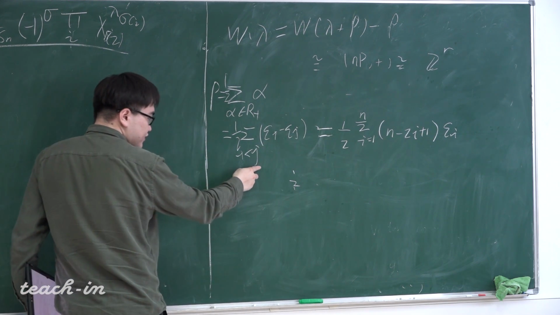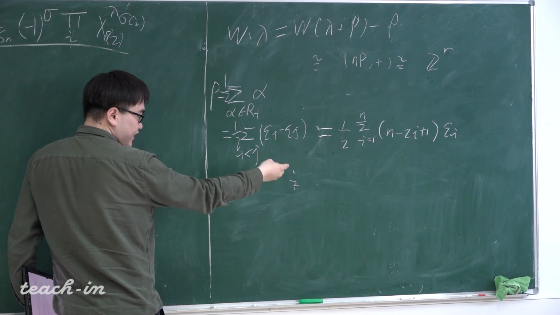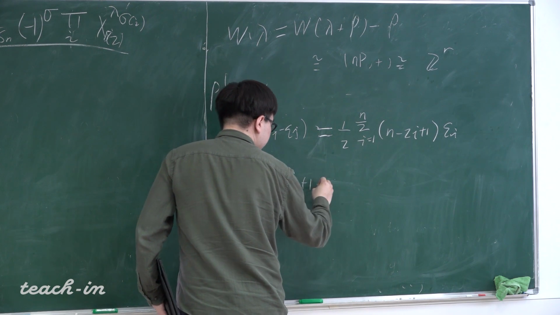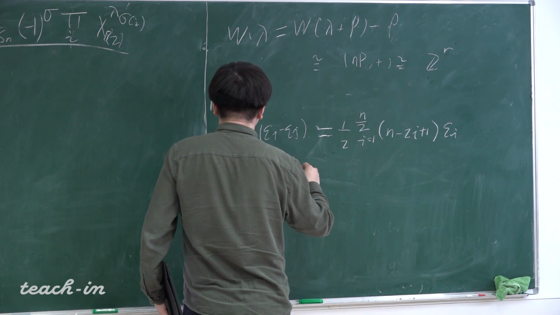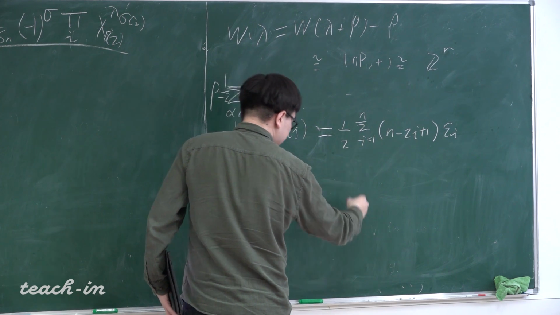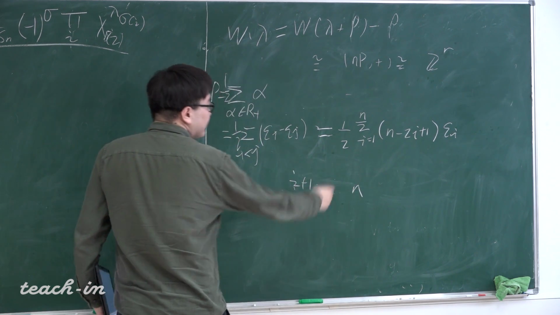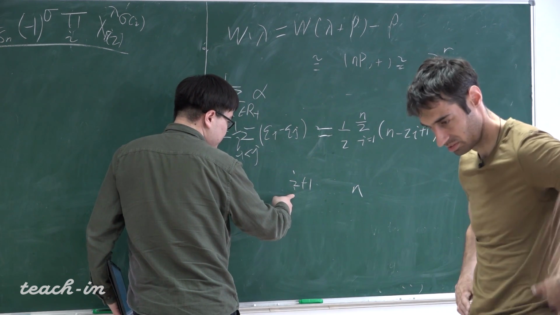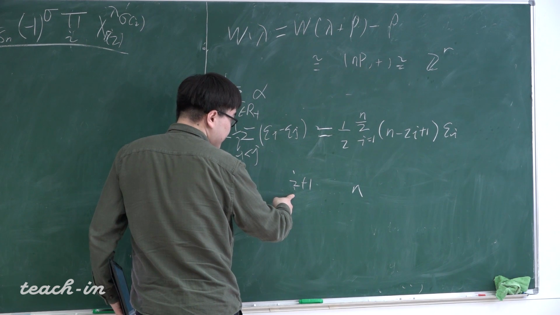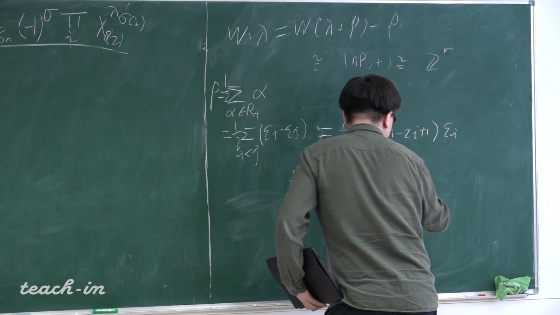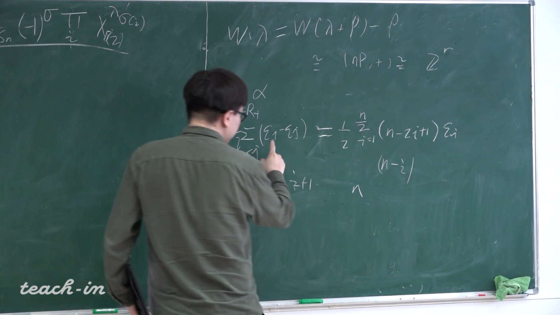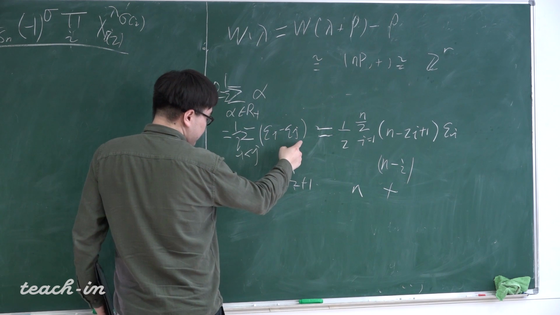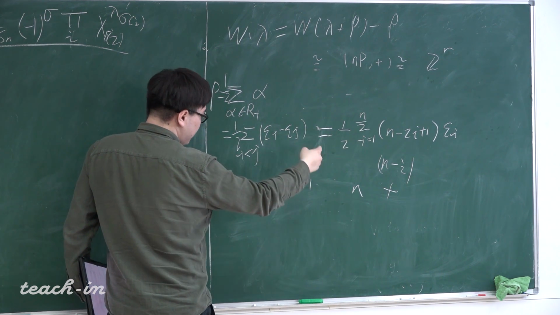The condition for j is that it should be bigger than i, and the number of things bigger than i is n minus i. That is the number of positive epsilon i. And if i appears in the other position, then we get something minus.